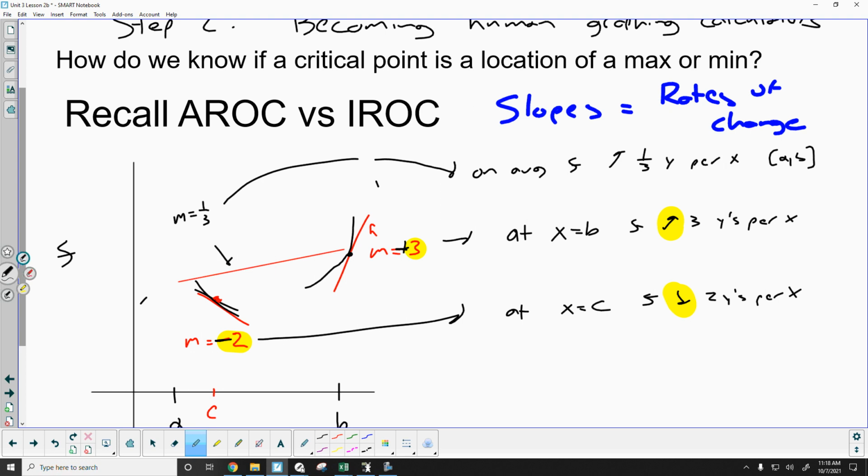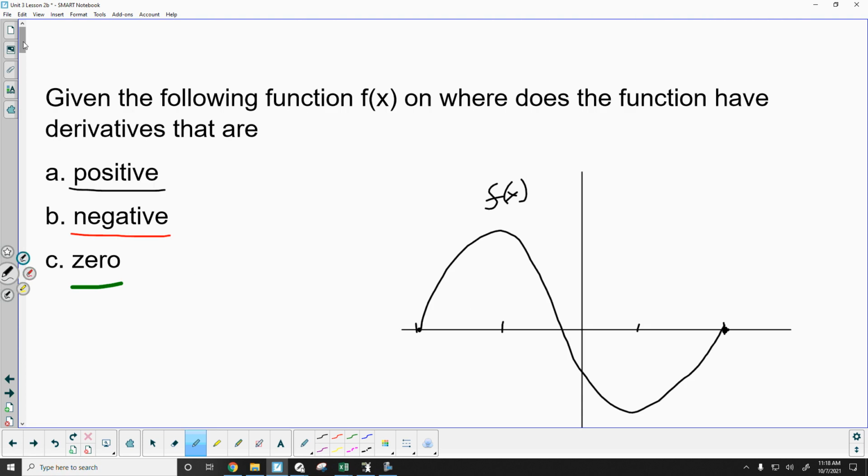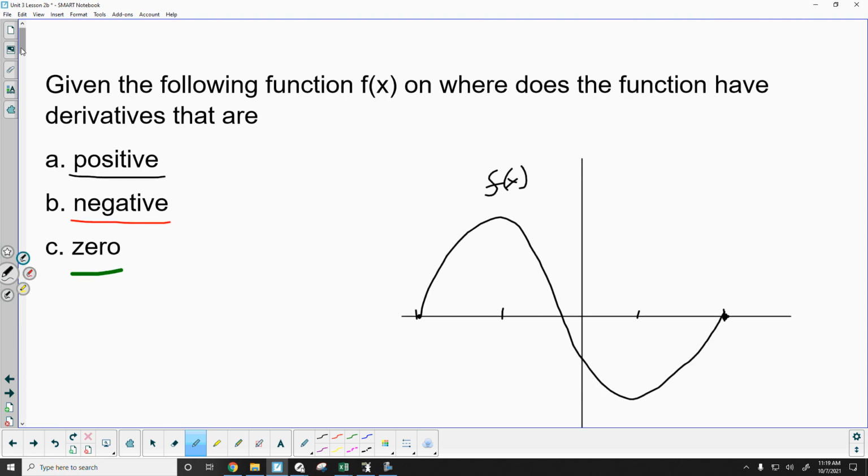This is key. This is the important thing we must understand to get that step 2 to figure out if we have maxes or mins. We have to understand that when our tangent slopes are positive, this is me drawing a bunch of tangent slopes and labeling them as f prime positive.